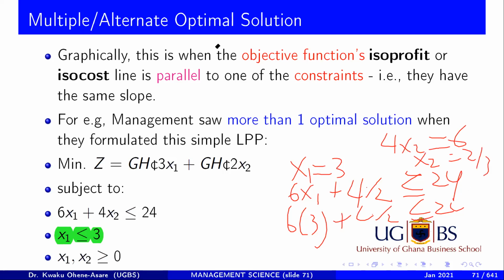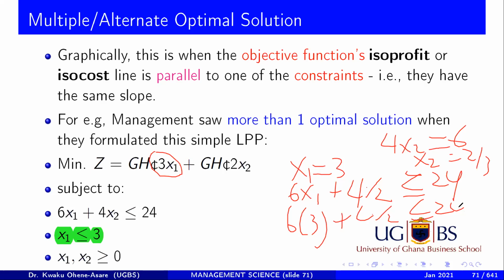Now, if X2 is equal to 3/2, if you drop that into the objective function here, X1 is 3, so this section will be 9, if you drop the 3 there. And then X2 will be 2/3, that is if my computation is right.